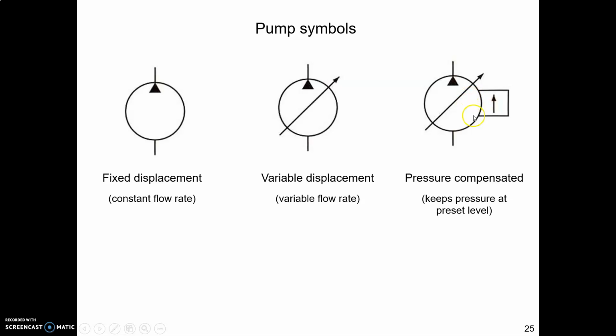So you can set this pump at a different pressure setting, and then this pump will keep the pressure at that preset level no matter what. So there's our plain garden variety fixed displacement pump, arrow pointing out. Here in the middle is our variable displacement pump, and here on the right is our pressure compensated pump.